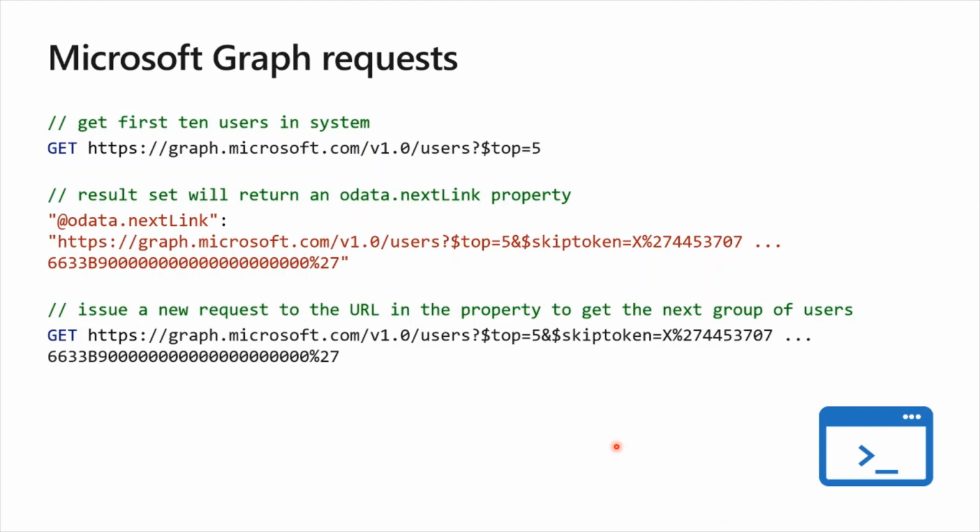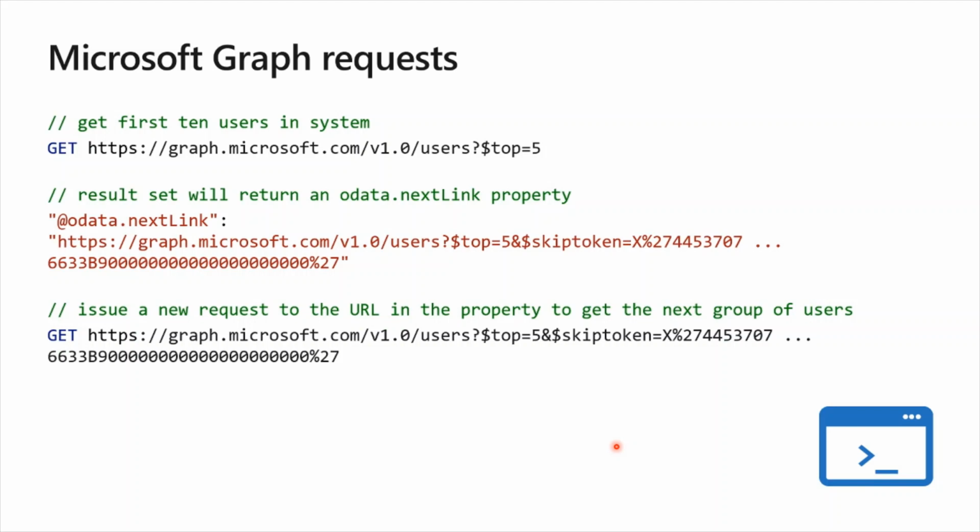This is an example. Some queries against Microsoft Graph return multiple pages of data, either due to server-side paging or due to use of the top query parameter to limit the page size in the request.